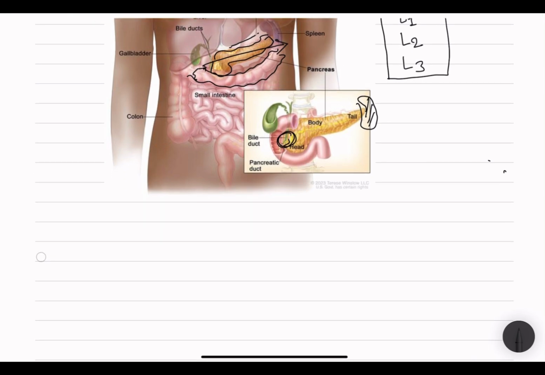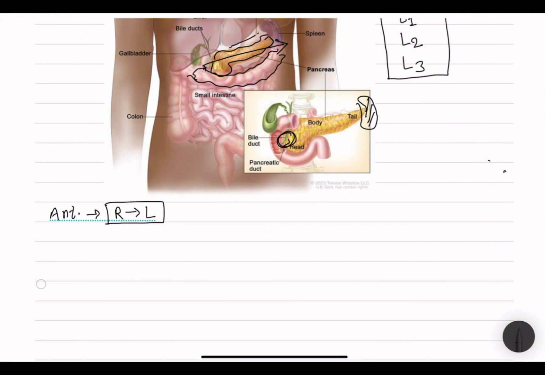So let's see the location according to the GI. Anteriorly, we will discuss how the location is from right to left.